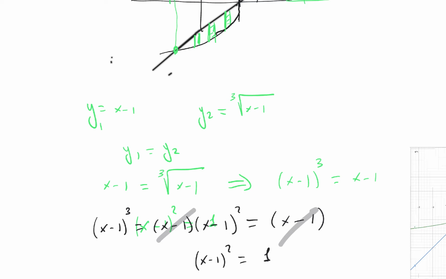Now we find that x squared plus 1 minus 2x equals 1.